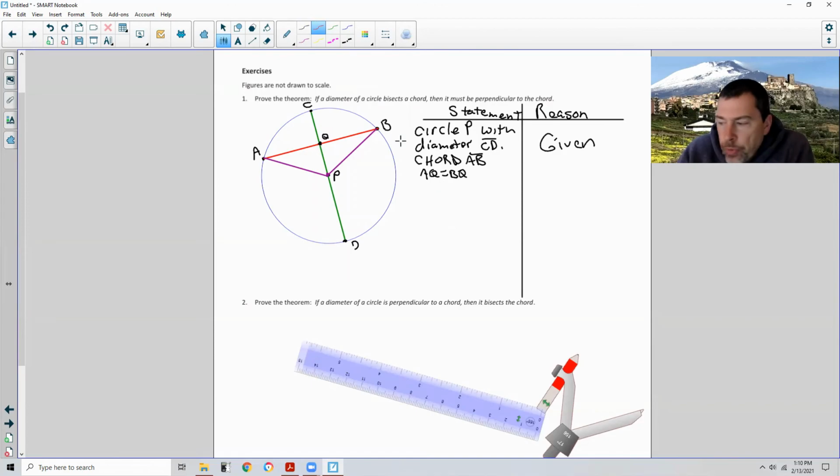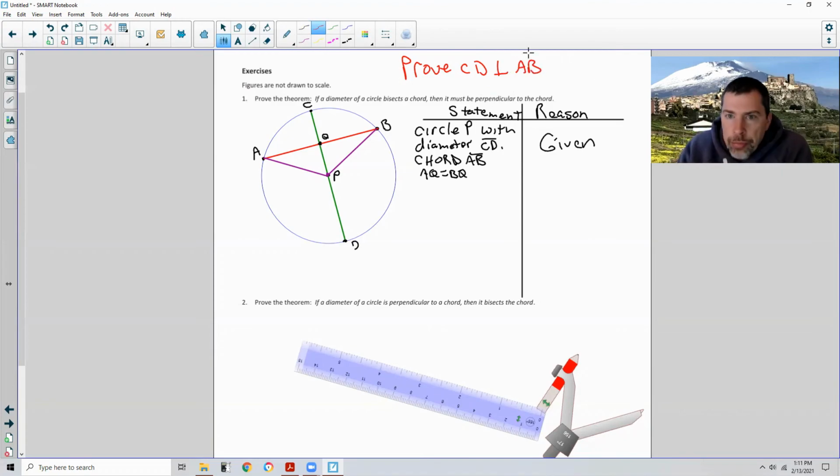So what else were we given? What are we trying to prove? We're trying to prove that the diameter bisects the chord. I want to prove, so I'll write this up here. We want to prove CD is perpendicular to AB.